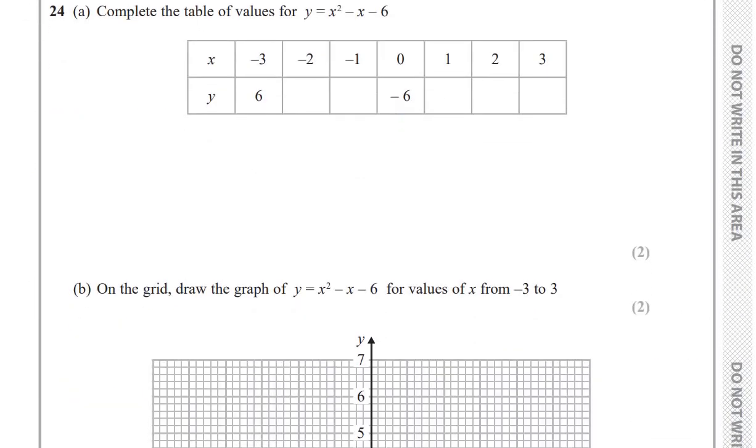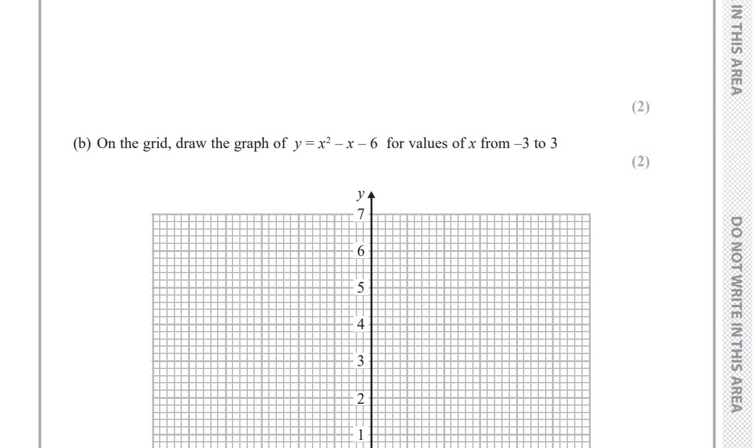Now this is about drawing the graph. So we first need to complete the table. So if you put x equal to -2 in your equation, you're going to get y equal to 0. If you put x equal to -1, you'll get y -4. And then this will be -6, -4, and if you put x equal to 3, you're going to get a 0. So now we are going to plot these points on the grid.